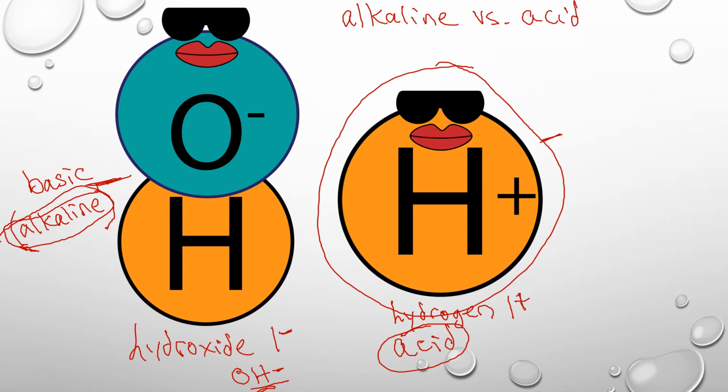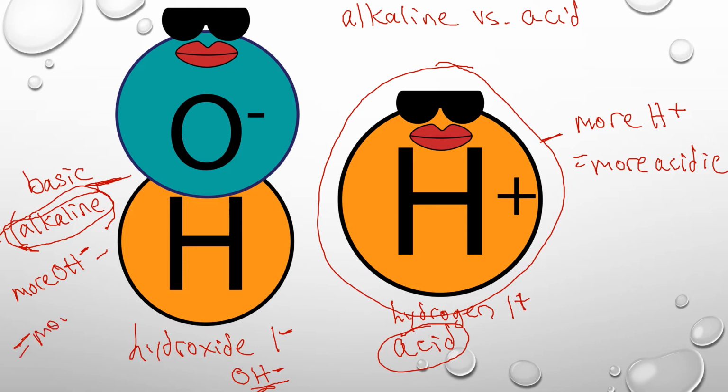So the more hydrogen ions you have in the solution, the more acidic it is. And the more hydroxide ions you have in a solution, the more basic it is.